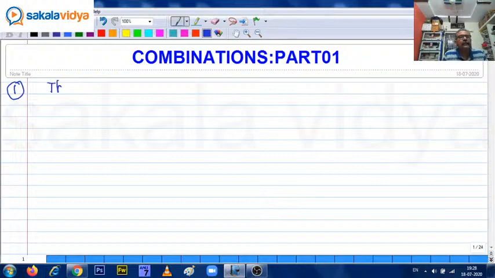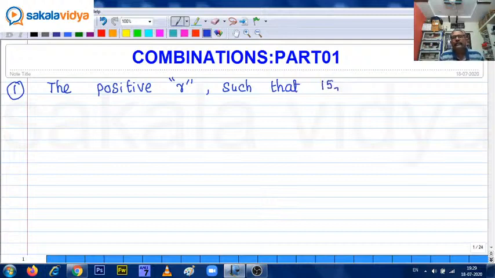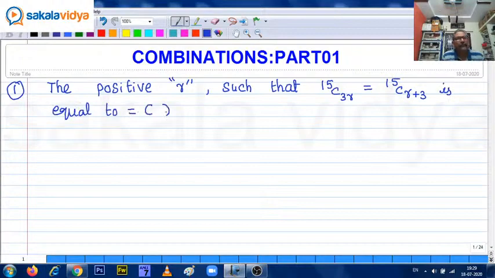The positive small r such that 15C3R equals 15CR plus 3 is equal to: first option 3, second option 4, third option 5, fourth option 2.